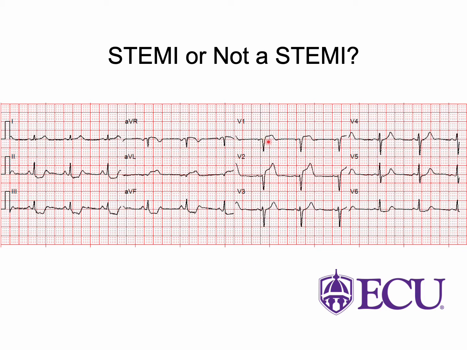There's definitely some ST elevation in V1 as well as V2. We have reciprocal changes over here in lead 2 and lead 3, as well as AVF, as well as some elevation in AVL. Right, so this is a concerning EKG. If this patient has chest pain and has the right context, we should 100% be activating this in the field, which we did in this case, and this patient had 100% LAD occlusion. So this was a good call from the field. So once again, this is a STEMI.